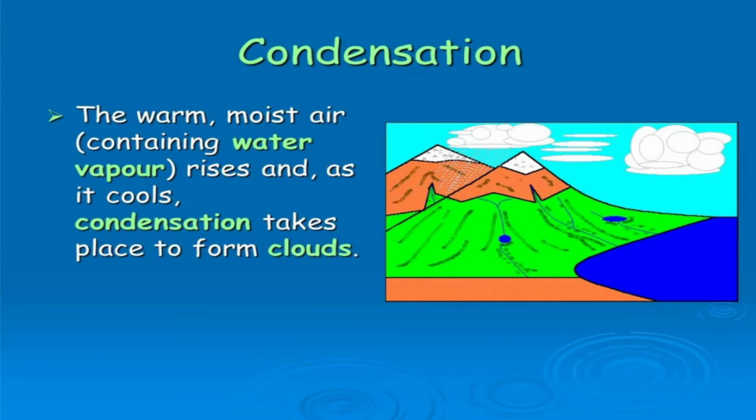Thus, 5% of the total moisture of the biosphere is available to the global hydrological cycle, of which about 97.2% is stored in the oceans, and the remainder 2.8% is represented by 2.15% moisture stored in polar ice caps and permanent glaciers.